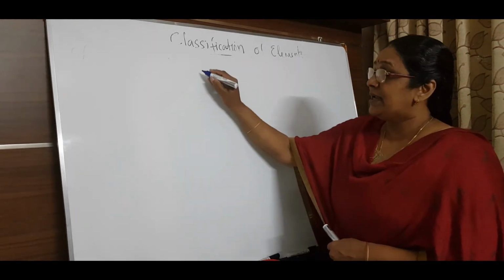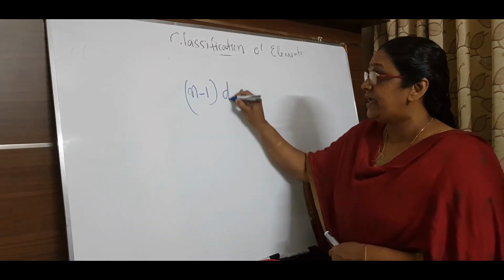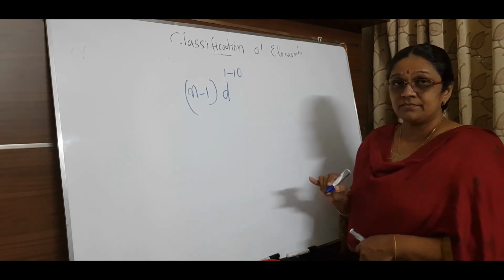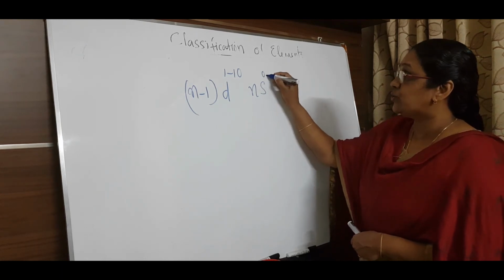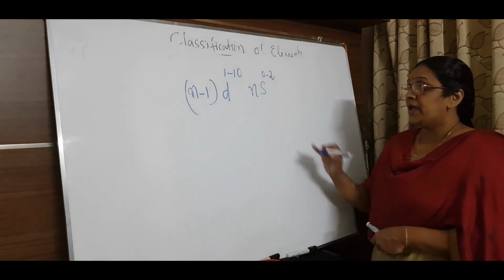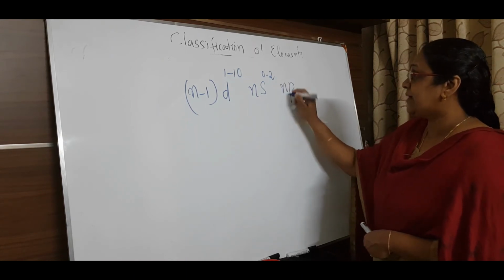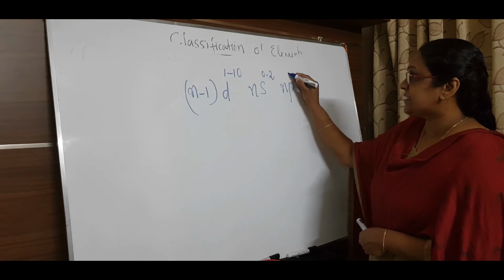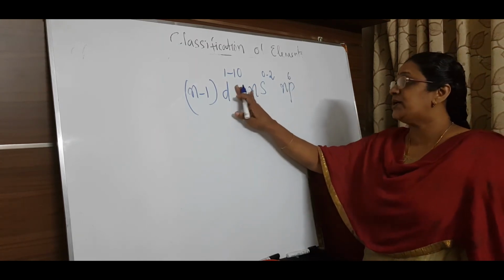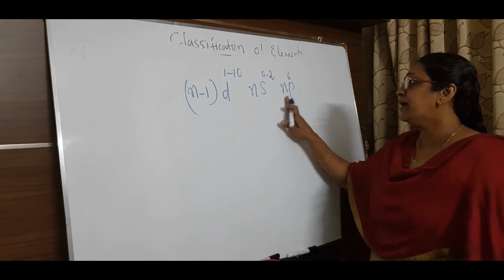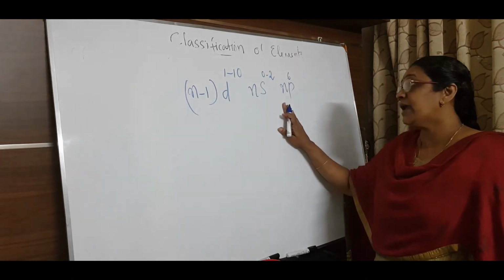The d block general configuration is (n minus 1) d 1 to 10, then ns 0 to 2, and np6. So that is (n minus 1) d 1 to 10, ns 0 to 2 and np6. So this is the general configuration of the d block element.